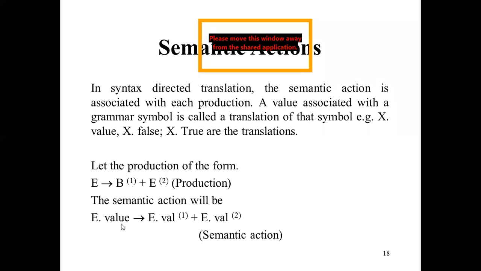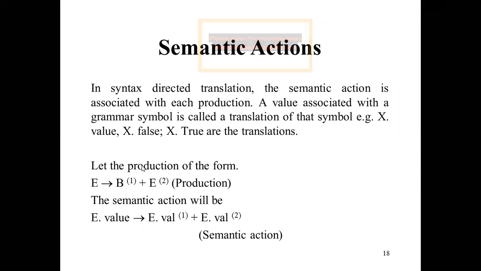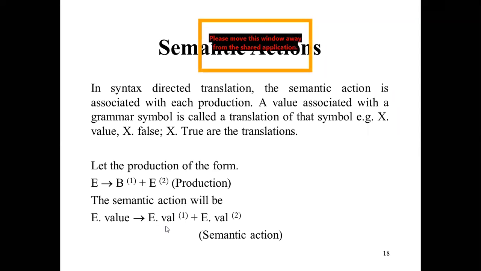E.value on the left-hand side is equal to, or the arrow sign, E1.value + E2.value. E1.value is E1 and E2.value is E2. Whatever values we have, we may also have numerals here, and then we replace these values and get the answer.